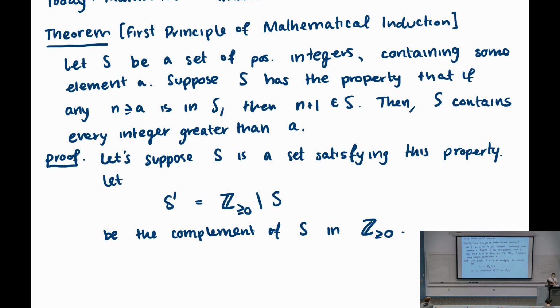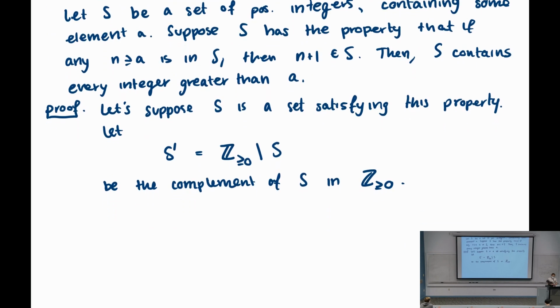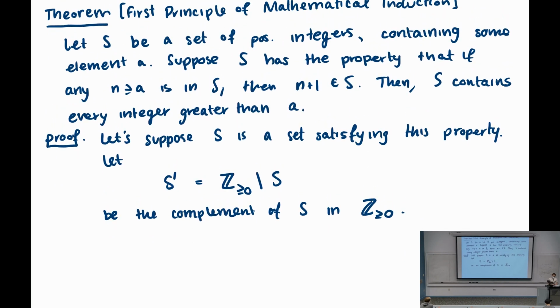Okay, so I want to apply the well-ordering principle, but for that I also needed that S prime was non-empty. So let's just look at a few cases. So it could be possible that S prime is empty.